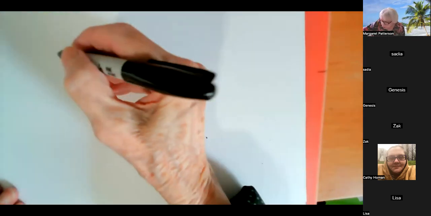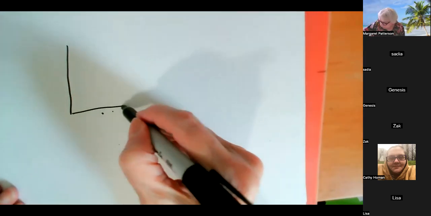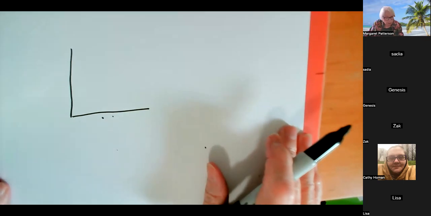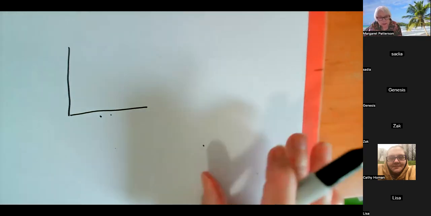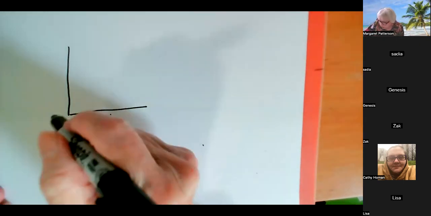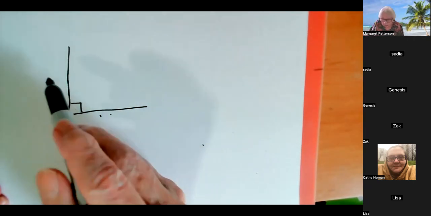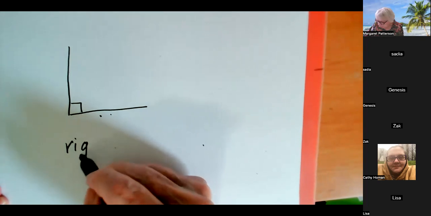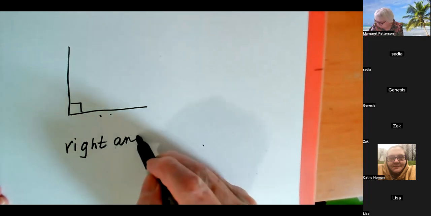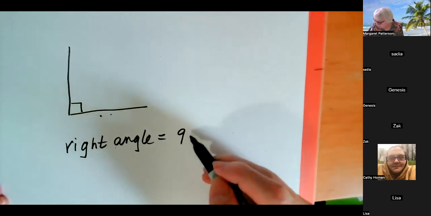They have a few of these funny problems in this section, so I'm just going to mention it. This is a right angle, and a right angle is 90 degrees.